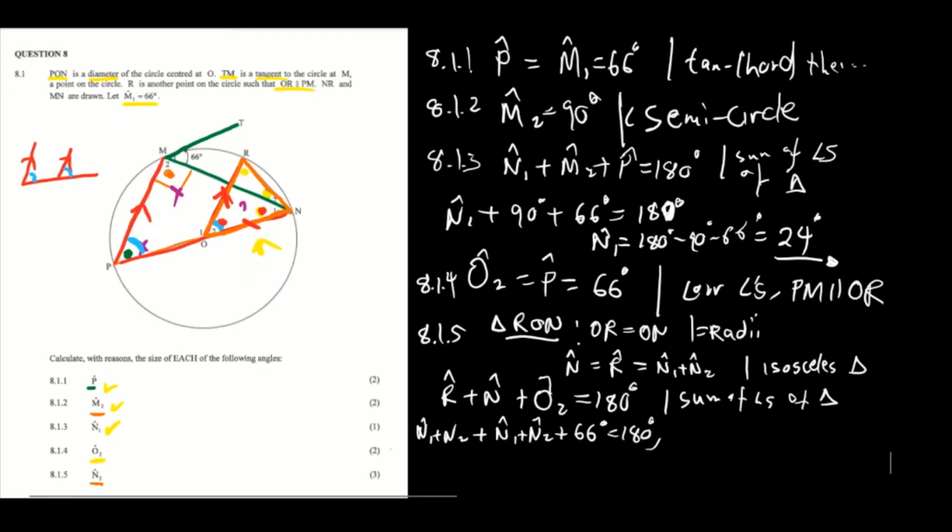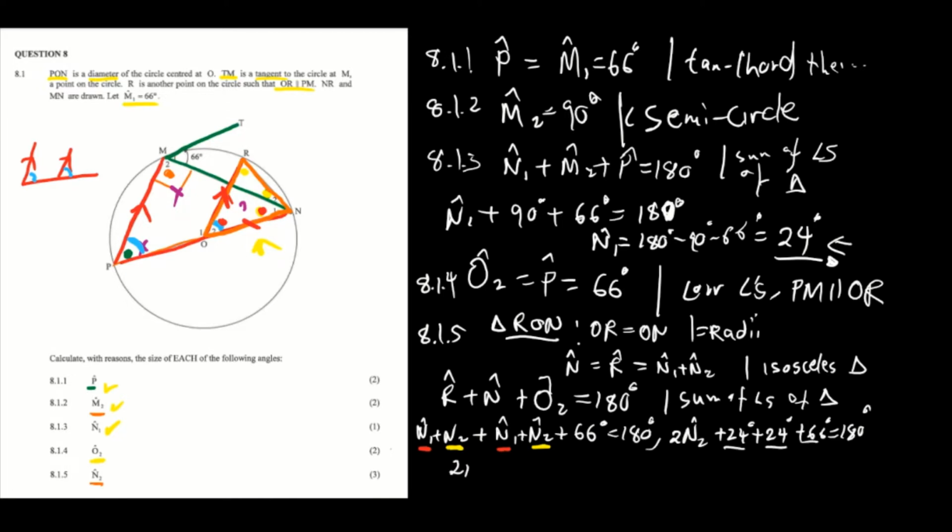The unknown is angle N2. We're going to add together the N2s, so we have 2 N2, and then add the N1s, which we know as 24 degrees, so plus 24 degrees plus 24 degrees, plus the 66 degrees equals 180 degrees. Then we transpose everything to the other side.